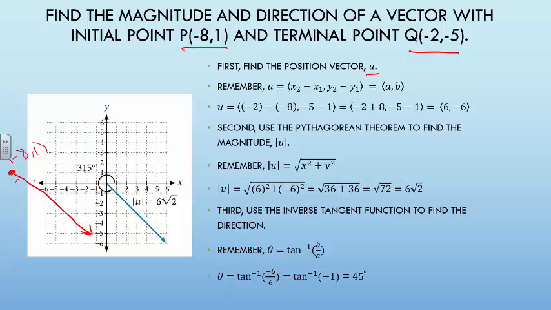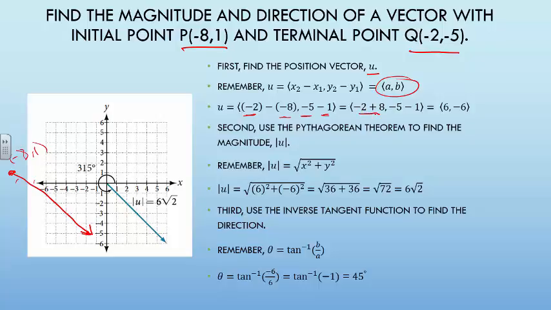Remember, to find the position vector, we take second x-coordinate minus the first x-coordinate and the second y-coordinate minus the first to get that terminal point and the name of our position vector. So here we have a terminal point negative 2 minus initial negative 8, comma, we look at the y's, negative 5 and positive 1, so minus positive 1, giving us negative 2 minus negative 8.